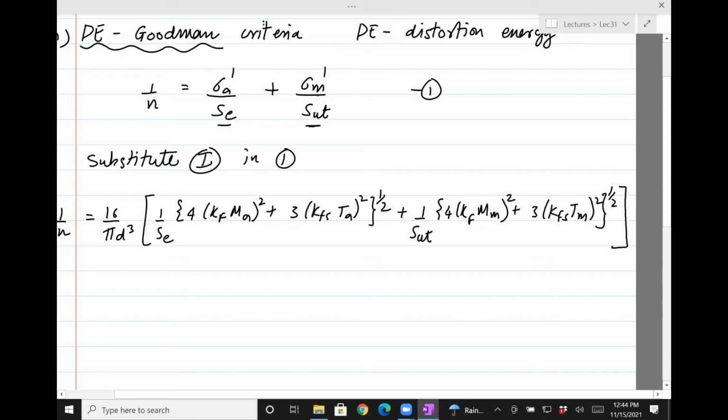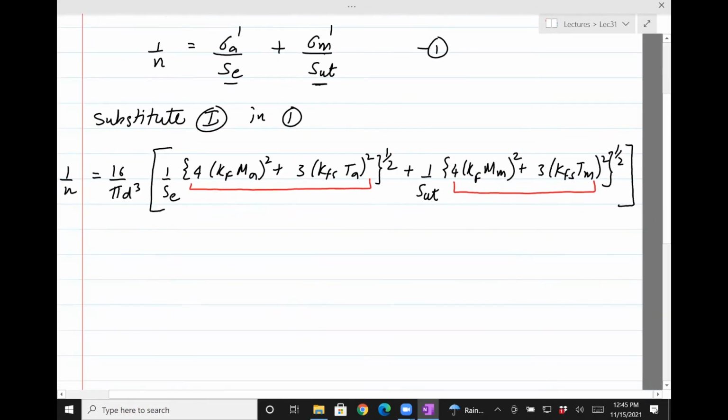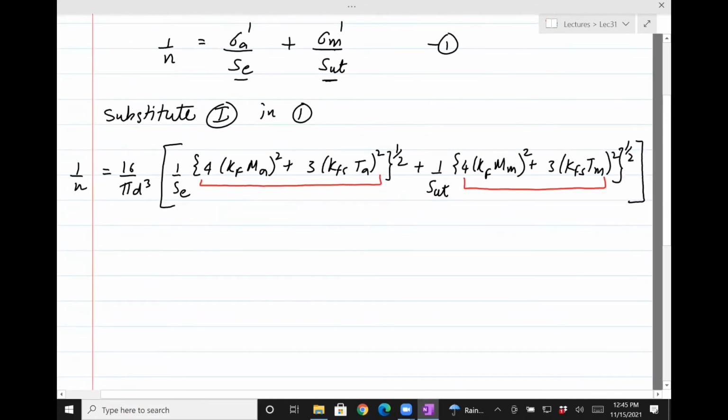Then I close the bracket. If it's easier, this part should be on the square root sign. So this is solving for n given d. Okay.